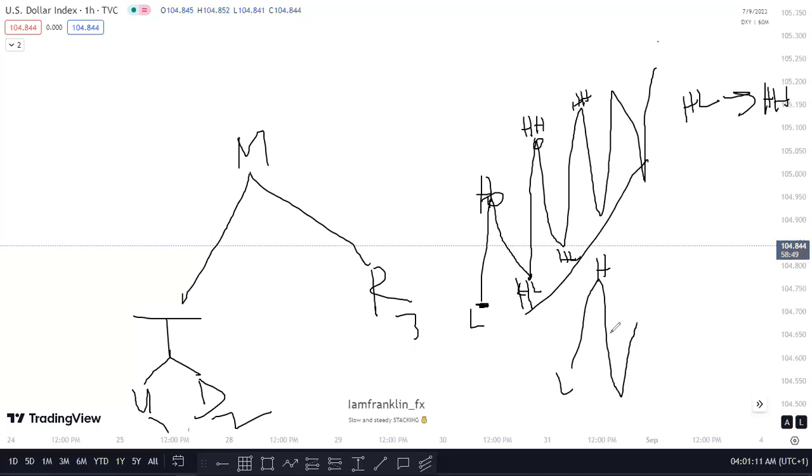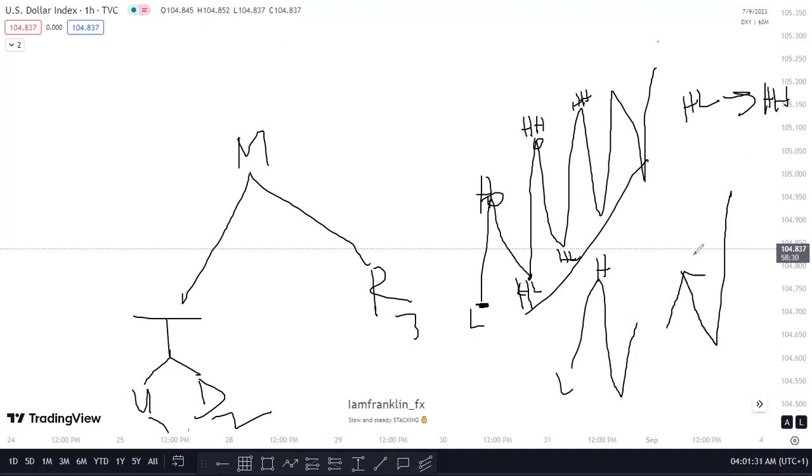Looking at this, you cannot ascertain what type of trend this is, because an uptrend needs to create a higher high. There needs to be a high taken out, and a low and a high.